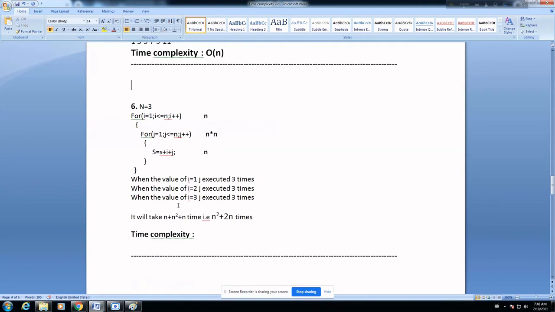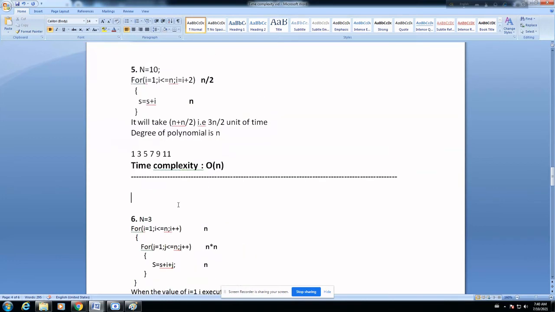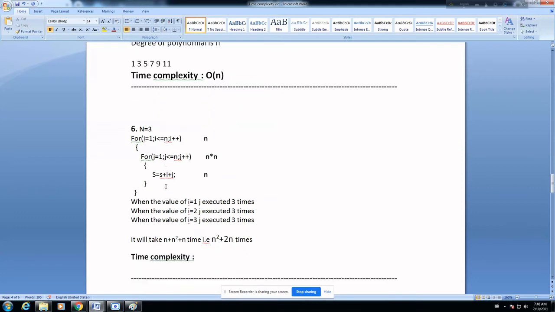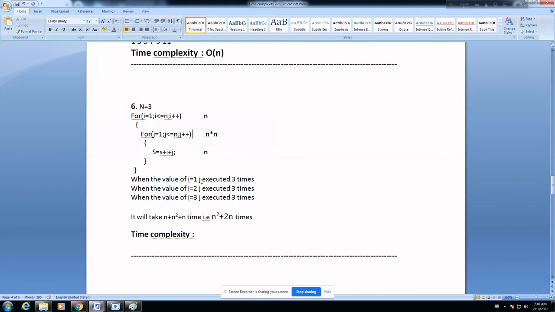Now look at this particular loop. Question number 6. Nested loops are there. Suppose n equal to 3. For I equal to 1, I less than or equal to n, I plus plus, and j equal to 1, j less than or equal to n, j plus plus. Now if I want to execute this loop, look at this. When the value of I equal to 1, how many times is j executed?